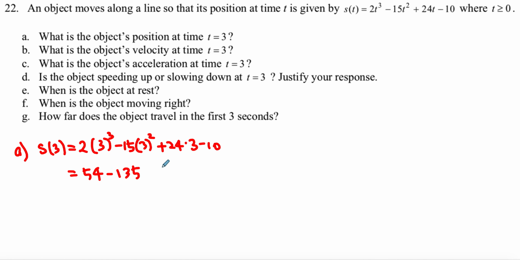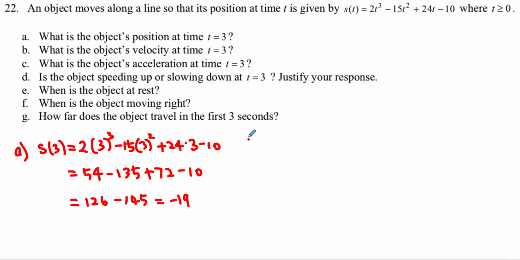And 3 times 24 becomes 72, minus 10. So you can see that this one is equal to 126 when I add up 54 and 72. So we get 126 minus 145, which is equal to negative 19. So negative 19 is the position.